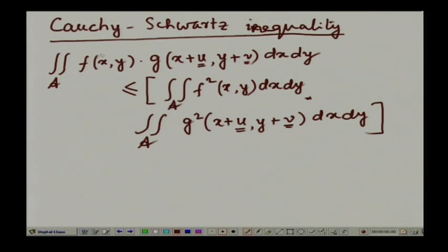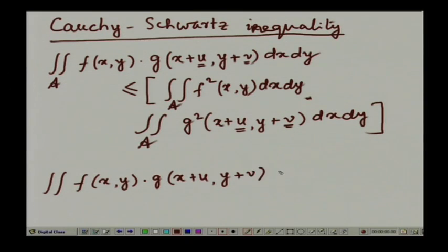Now, because f(x,y) is small and its value is 0 outside the region A, we can replace the left hand side by an integration of the form f(x,y) into g(x+u, y+v) dx dy.